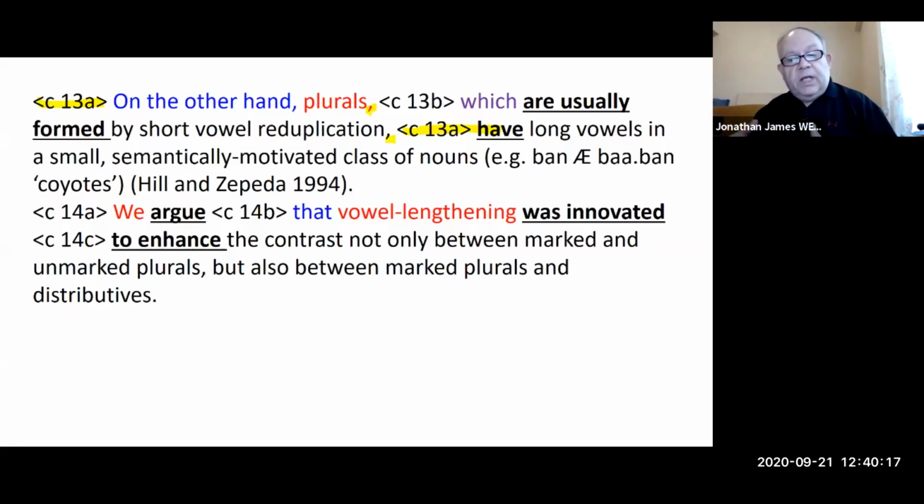So it does have a textual and an ideational element to it. Okay, so 13a, "on the other hand," textual theme, "plurals," ideational theme. The verb is way down here, "have." So you can have clauses that interrupt other clauses, such as would be the case with non-defining relative clauses.